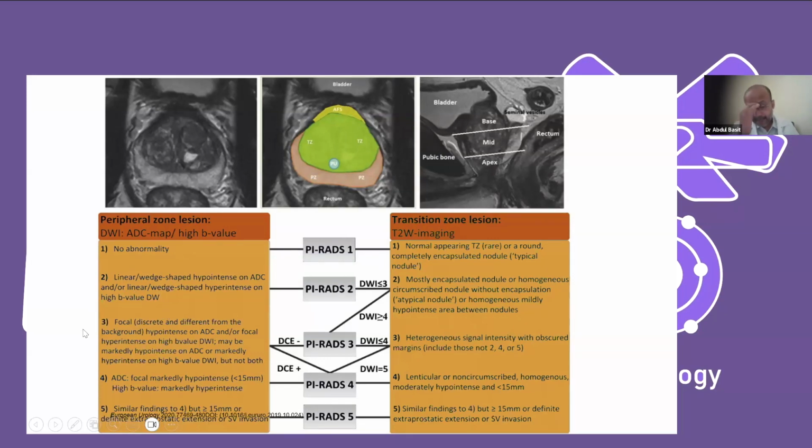If there is enhancement in a lesion categorized as 3, we categorize it as a category 4 lesion, which is very suspicious for malignancy. And when there is no enhancement, then it is equivocal, or less likely to be malignant.